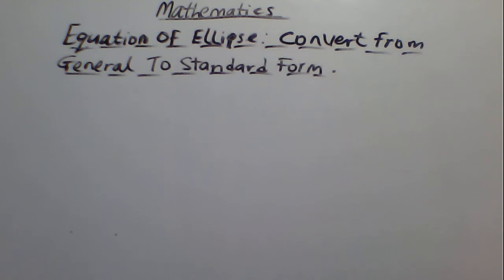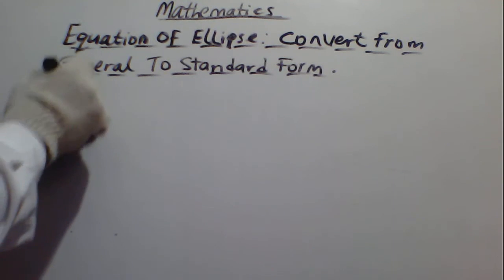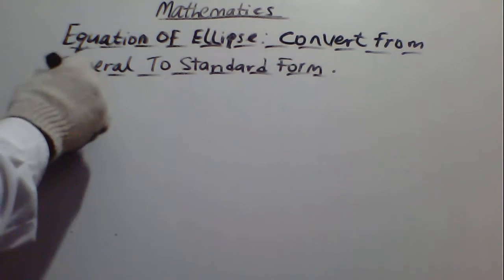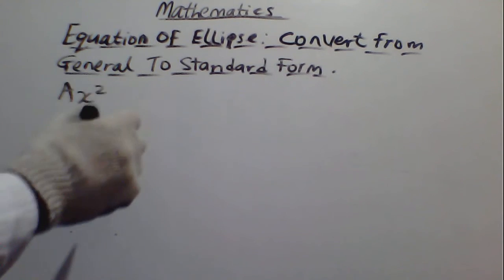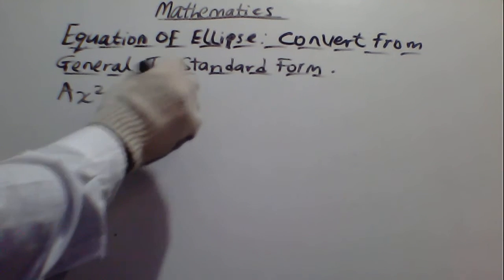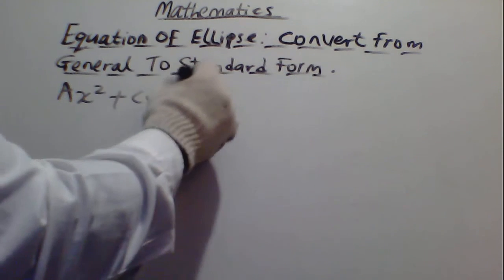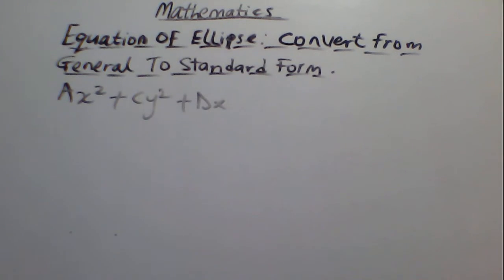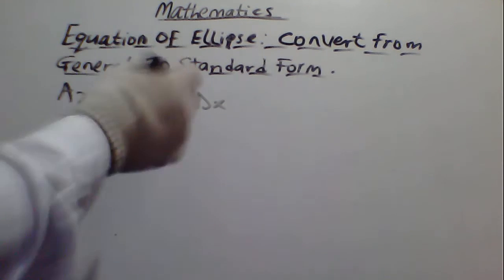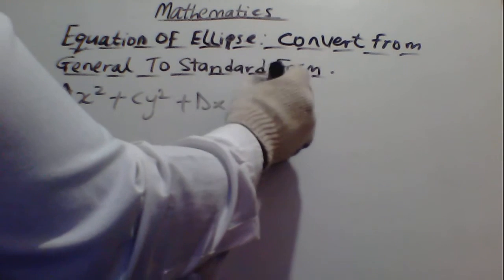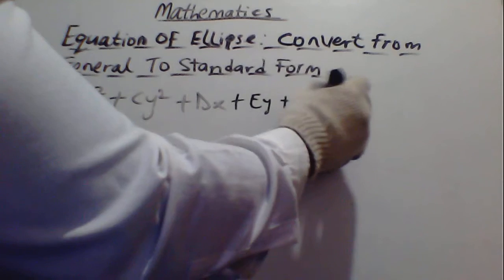The general form of the equation of an ellipse, and of every other conic, is given in this form: ax squared plus cy squared plus dx plus ey plus f is equal to 0.